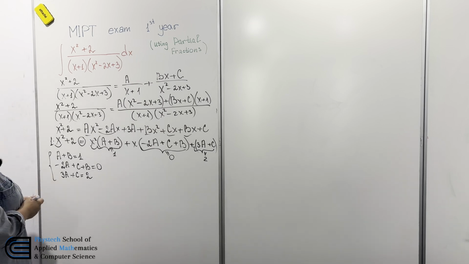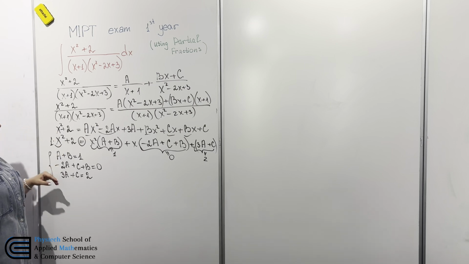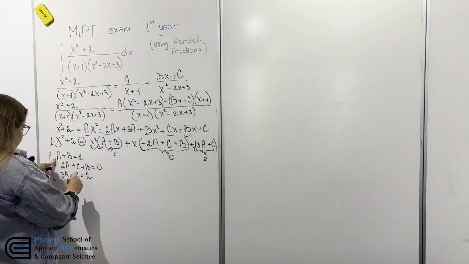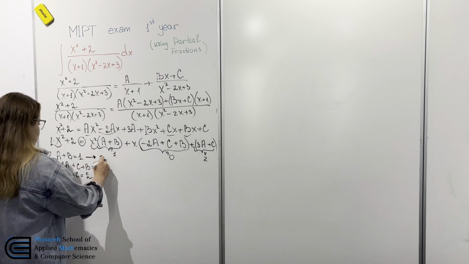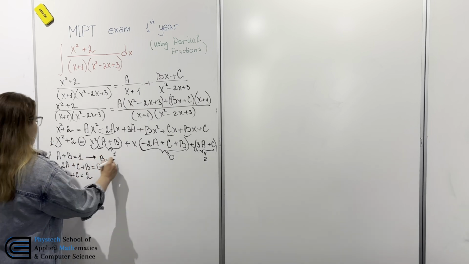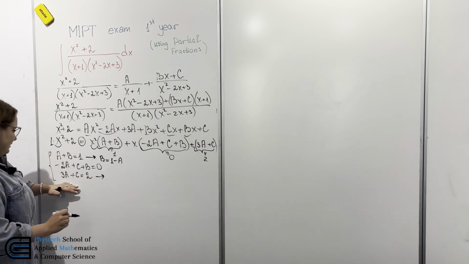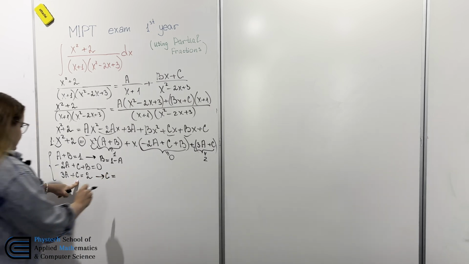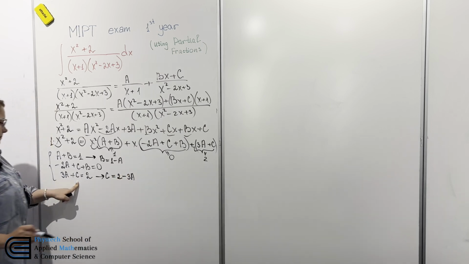So what can we do here? Well, actually there are different ways. We can, for example, take A from here, or I think it will be better if I take B. B will be equal to 1 minus A from the first line, and from the third line I will obtain C, which is equal to 2 minus 3A.